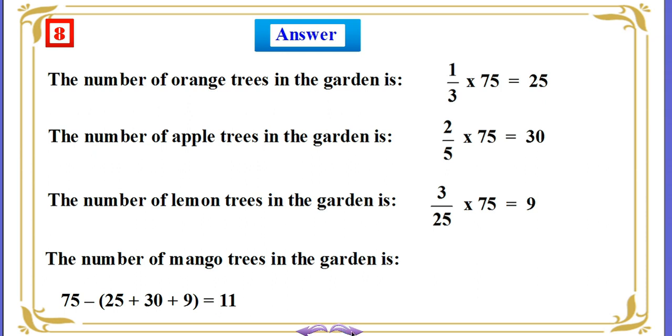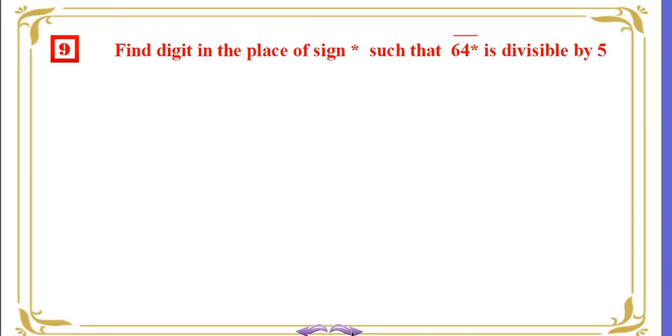Now we go to exercise 9. Find digits in the place of the star sign, such that 6 4 star is divisible by 5. The answer is: 6 4 star is divisible by 5.